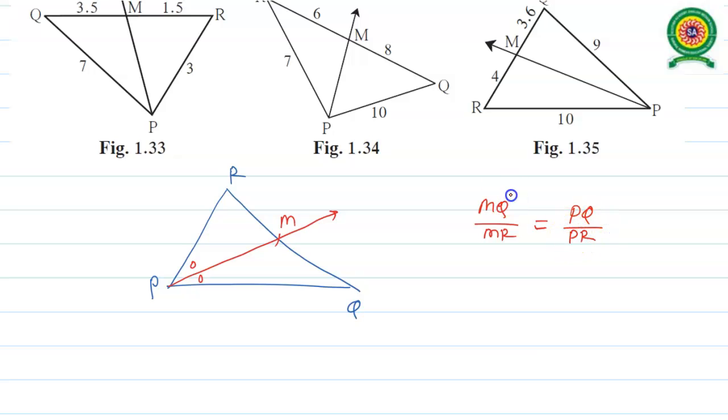Since we started from point Q, we have to start with Q when writing PQ divided by PR. So once this property is satisfied, that is MQ divided by MR equals PQ divided by PR, we can easily say that ray PM is the bisector of angle QPR.